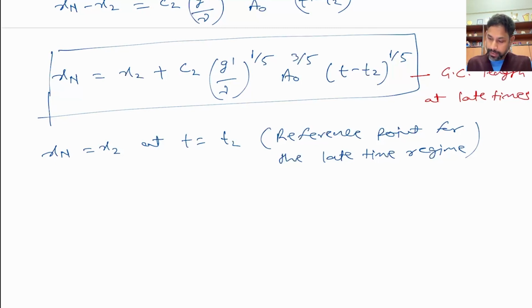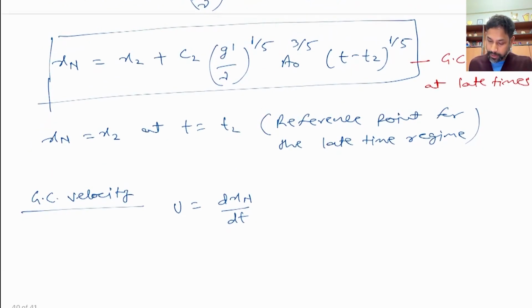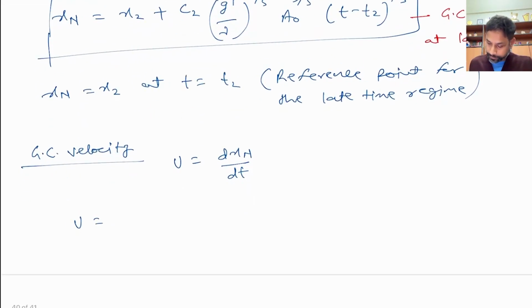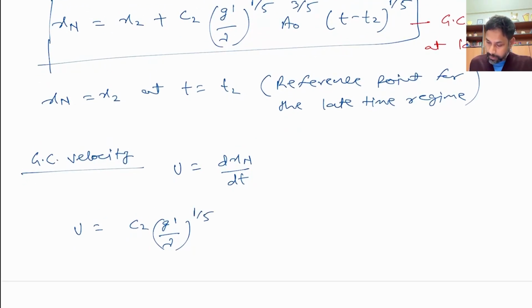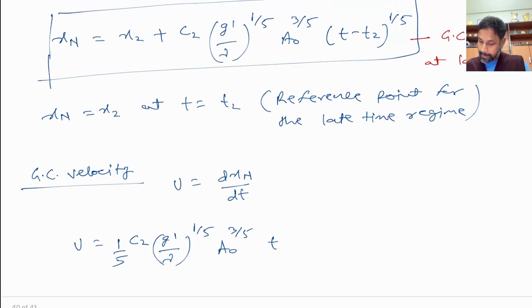Okay, and here again, if you want to find the velocity, so gravity current velocity u will be dxn over dt, and because other terms are constant, this will become c2 g prime over nu to the power 1 by 5, a naught to the power 3 by 5, and 1 by 5 will come here, and it will become t to the power minus 4 by 5.